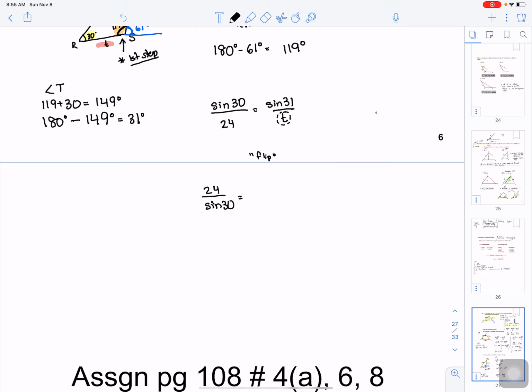Sine 30 equals T over sine 31. And then I'm going to multiply both sides by sine 31. And this will give me T. So you're going to carefully put that into your calculator, and you're going to get that T is 24.7 centimeters long.